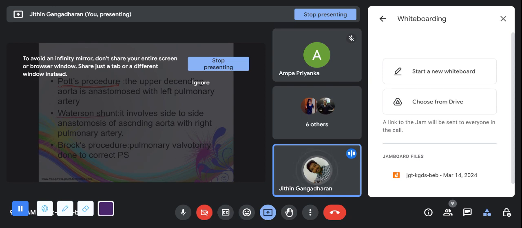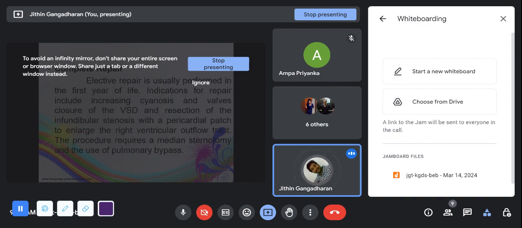Next is Waterston's shunting. Here again, the aorta is anastomosed with the pulmonary artery. Brock's procedure, pulmonary valvulotomy, to correct the pulmonary valve stenosis. Blalock procedure, Waterston procedure, at least understand that these are associated with the surgeries of tetralogy.